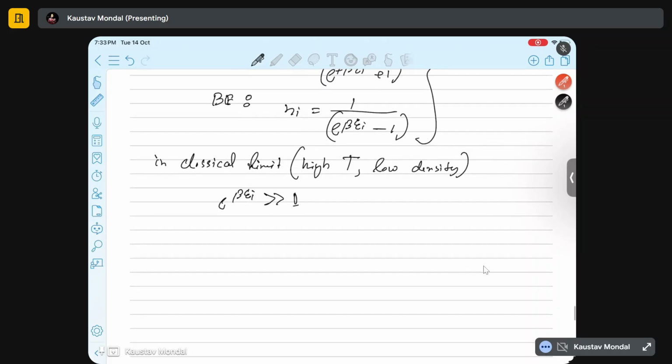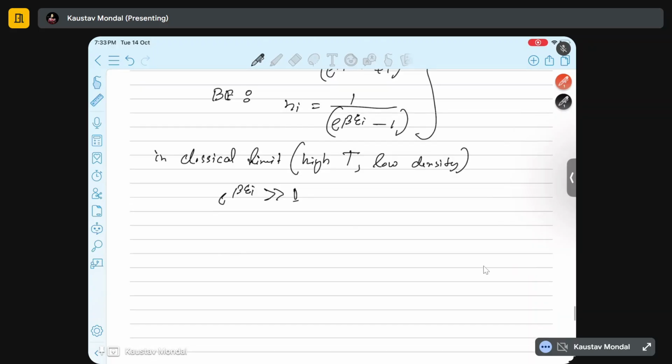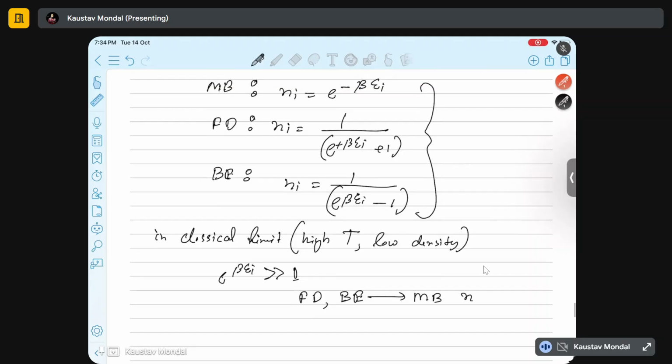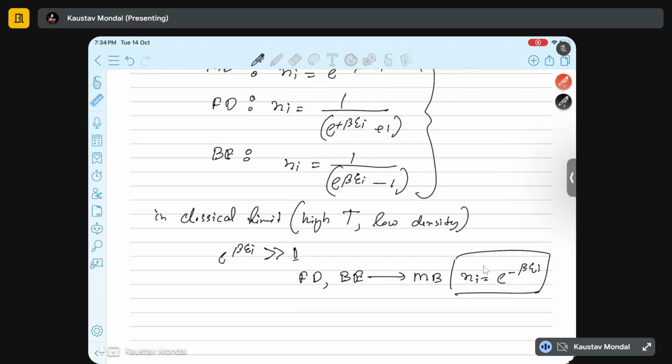So both these FD and BE stats converge into the MB stat, where the distribution is given by Ni equal to e to the power minus beta Ei. So this is the classical limit where the temperature is very high or the density is very low.